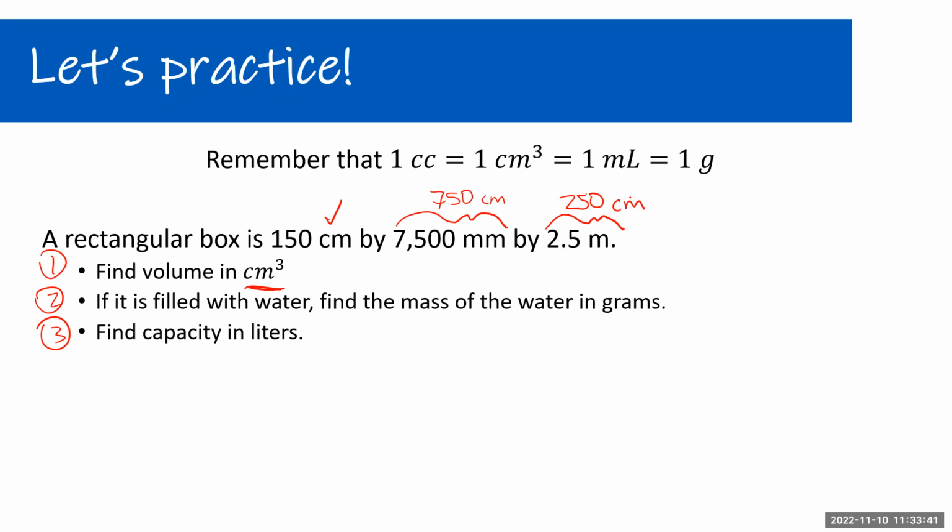Okay. So to get our volume, now that we are all in centimeters, remember that we're going to multiply length times width times height, or you can talk about the area of the base, so 150 by 750 times the height of 250. Either way, you're multiplying 150 centimeters times 750 centimeters times 250 centimeters.